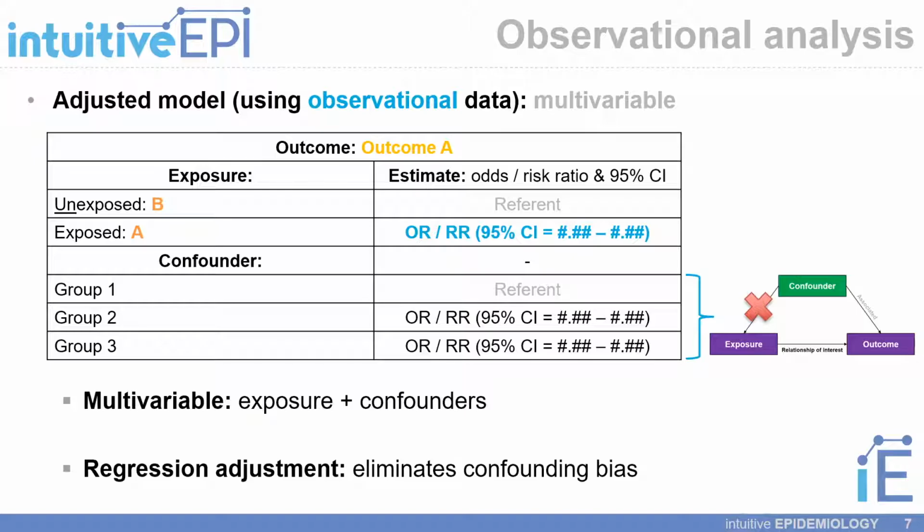In the paper that I will show you, you will see risk ratios, and you can also get an associated measure of variance or a measure of precision known as a 95% confidence interval. We will discuss the concept of 95% CIs in a later video. By adjusting for confounders in a multivariable model, you can eliminate the effect of the bias that may be due to that confounding factor.